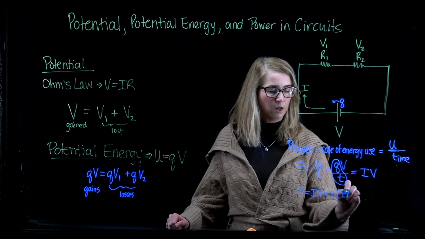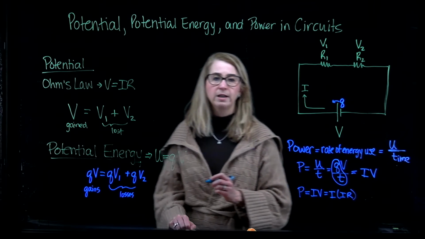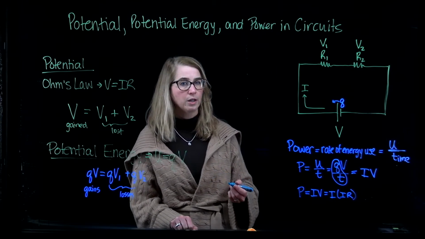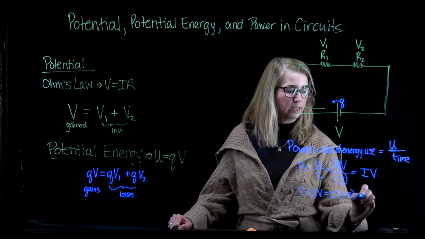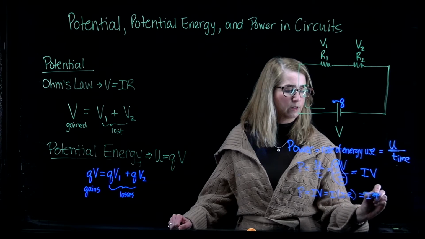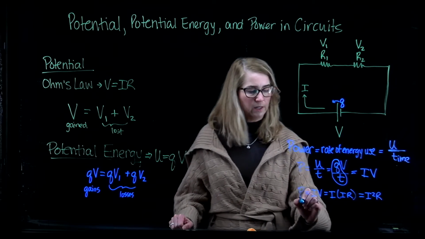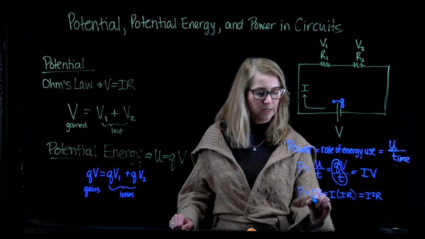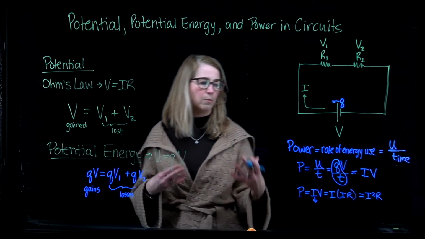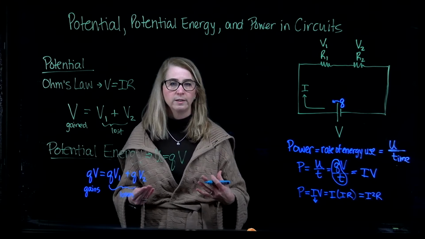Now, I want to come up with the different expressions for power before we go back and look at the circuit. So far we say power can be expressed as I times V, but we could also use Ohm's law to write V as I times R, current times resistance, and that gives us I squared times R. And then I could also say, well, I might want to express it in different quantities.